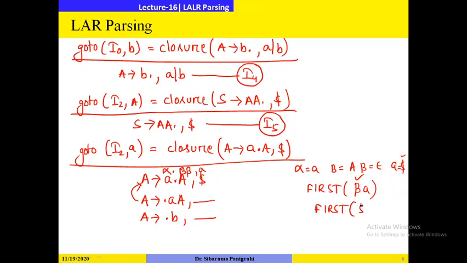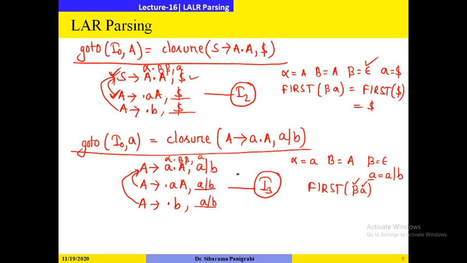First of dollar is nothing but you will get a dollar over here. Similarly for first of beta a, here also you will get a dollar because this production you have written due to this production. So now let us see whether this set of items is already there or not. So now you see in I3 the same thing is there. You see the production A gives to a dot A.